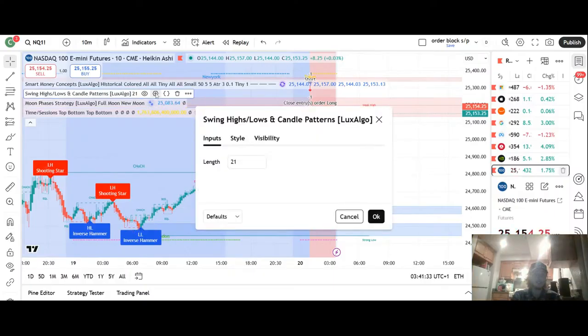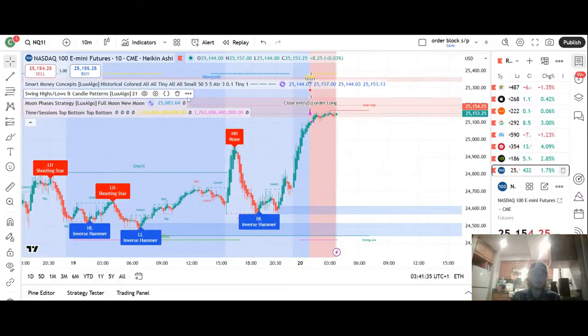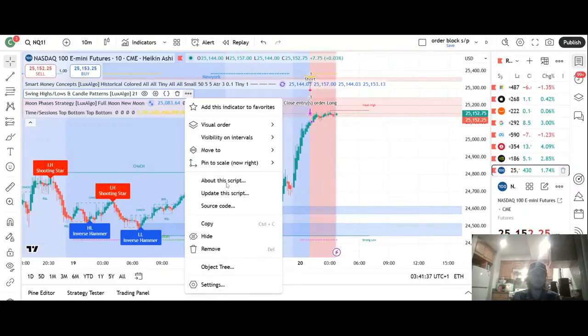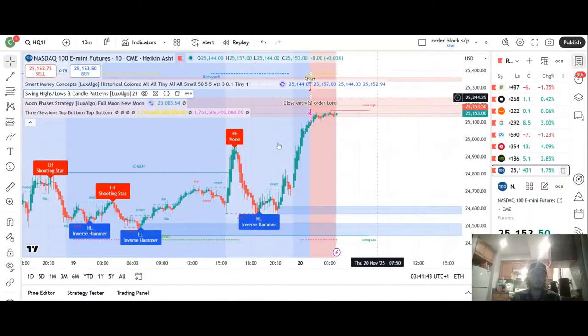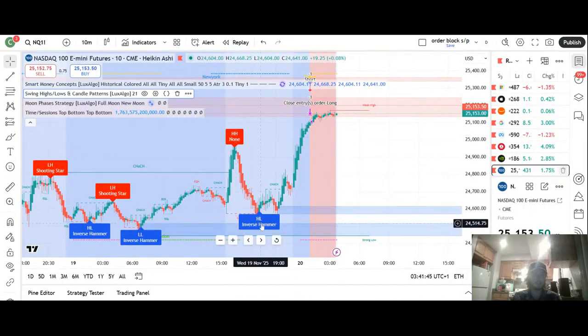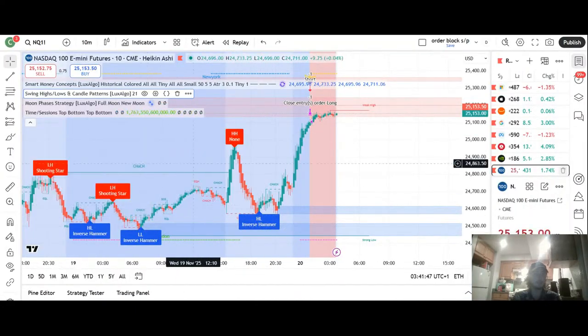Then this one is swing high, swing low. High, high, high, low. These are dojis, and it gives you these small things. HH none, inverse hammer, inverse hammer. So you know the energy of how strong it will come back.